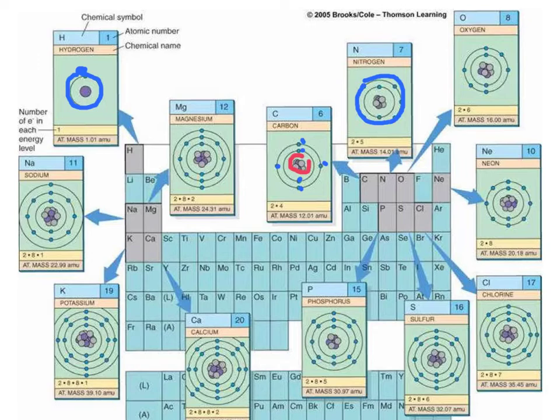And so when these two atoms approach each other, it's these outer electrons that will interact. And depending on the number of electrons, they interact in different ways. So for example, while carbon is very eager to interact with many atoms because of its number of electrons, neon right here is an antisocial atom and will almost never interact with another kind of atom.